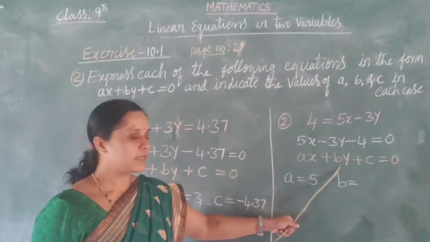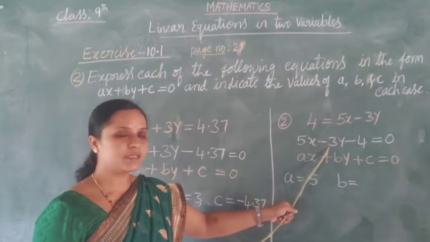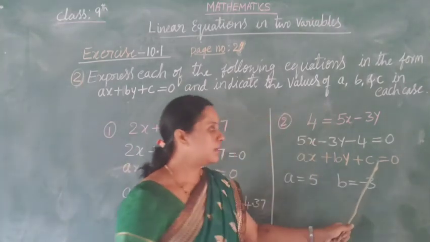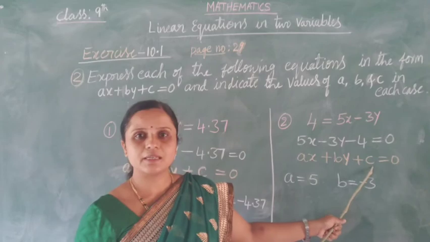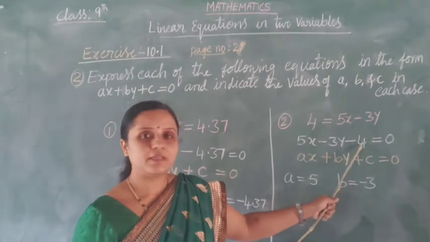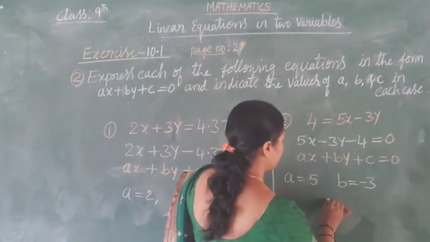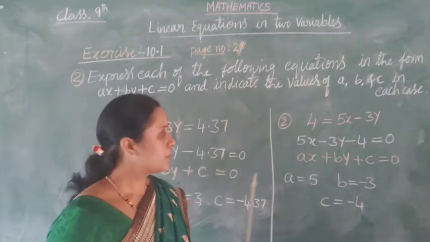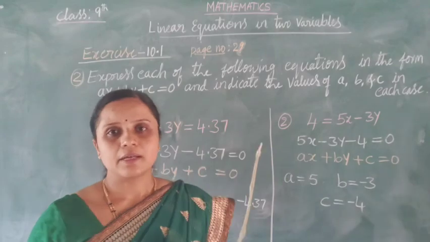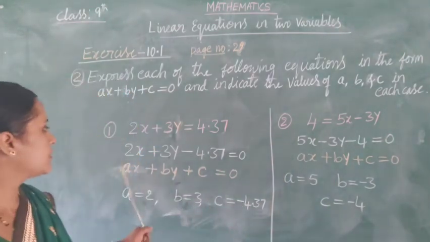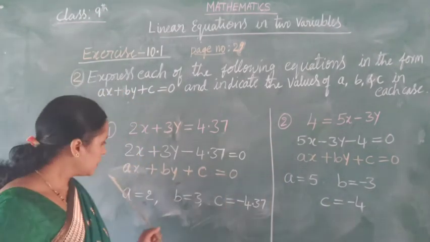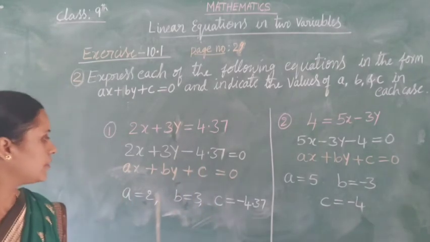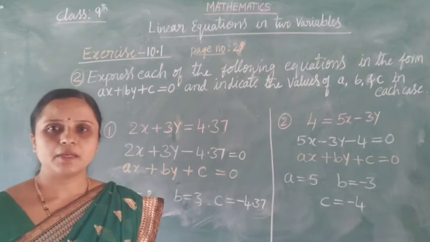The coefficient of y is b, so the coefficient of y is minus 3. So write b equal to minus 3. The value of c is minus 4. So write c equal to minus 4. In this way, first you express in general form, and then you compare the equation, and finally you write the values of a, b and c.